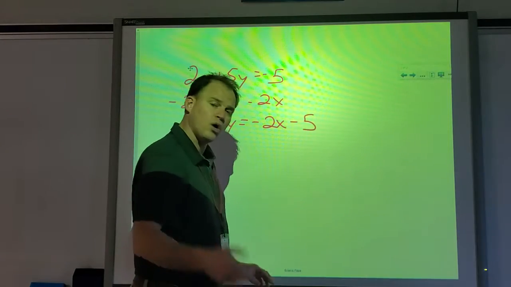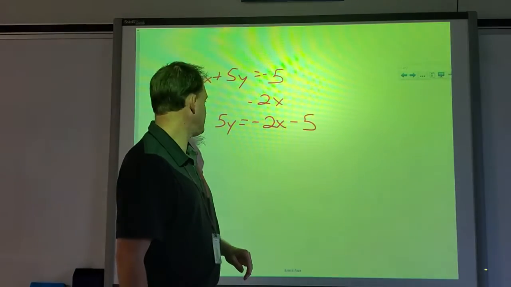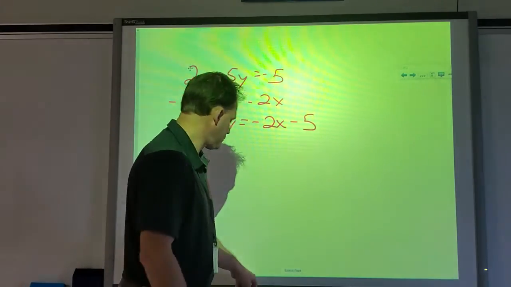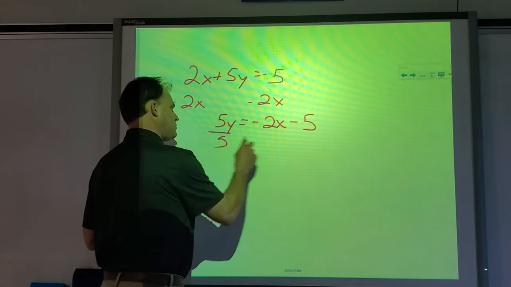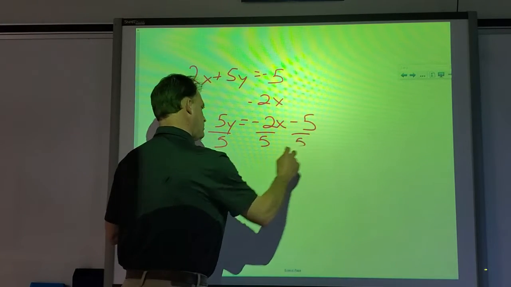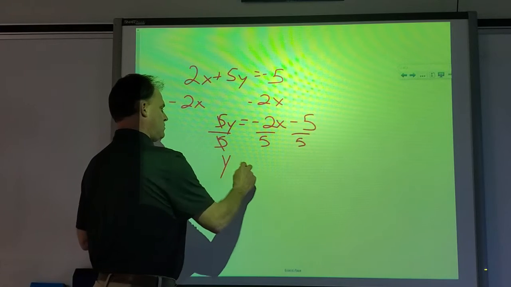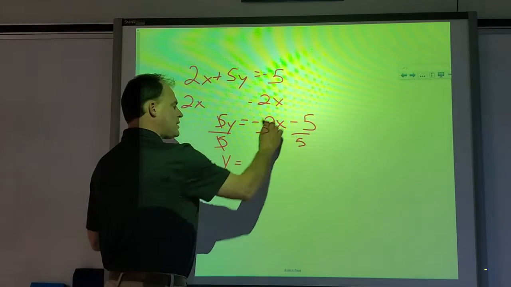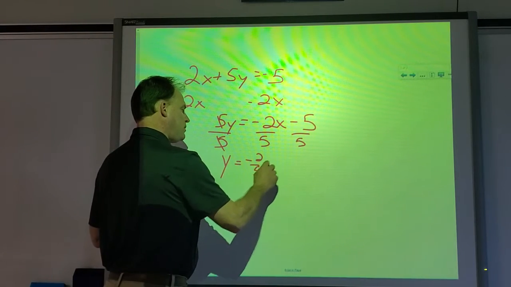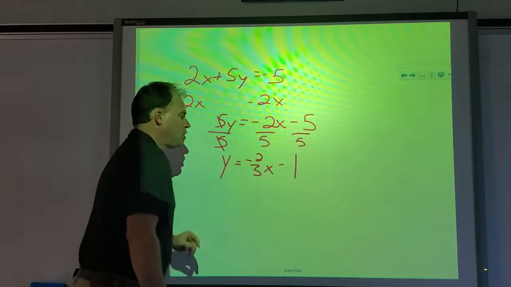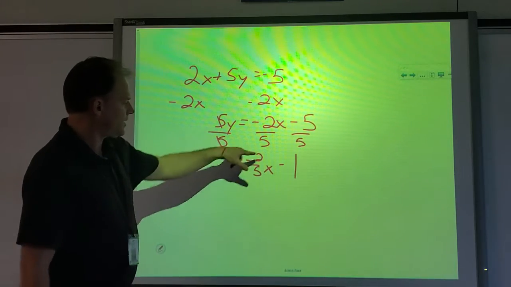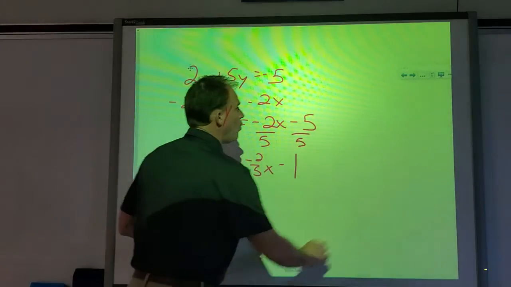All right, what's next? Just write this as a fraction because that's going to become our slope. So now, y equals negative 2/5 x minus 1.